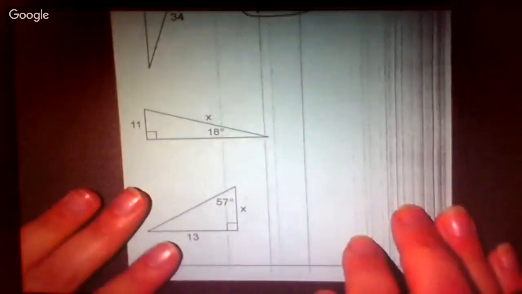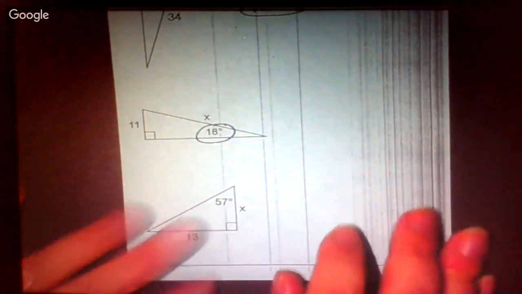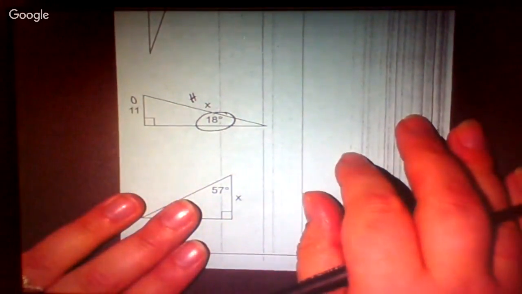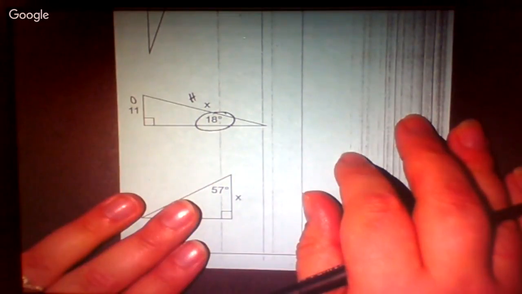Okay. Moving on to the second one. 18 is my reference angle now. Label my sides. What is 11? Opposite and hypotenuse. So we're using what? Sine.